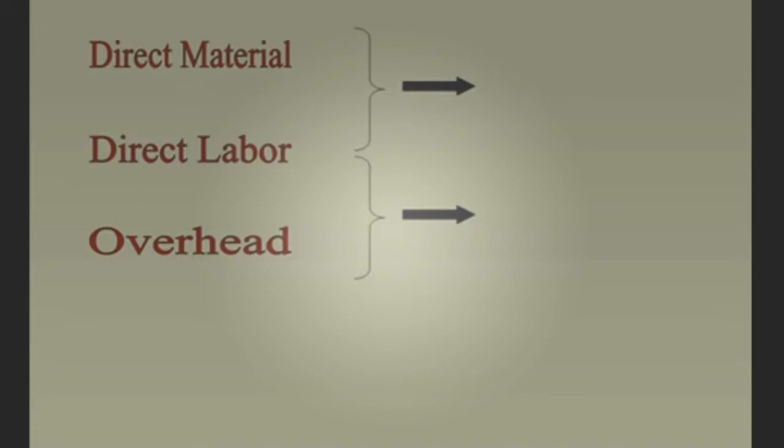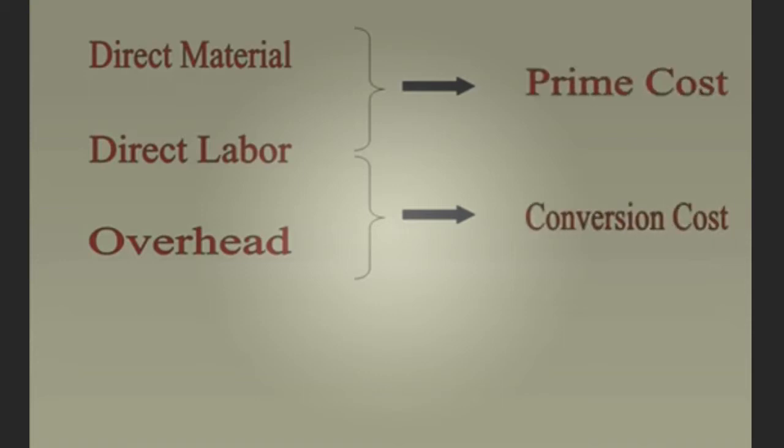Direct labor and overhead combined is called a name. It's called conversion cost. So prime cost is direct material plus direct labor. Conversion cost is direct labor plus overhead. That was easy, right?